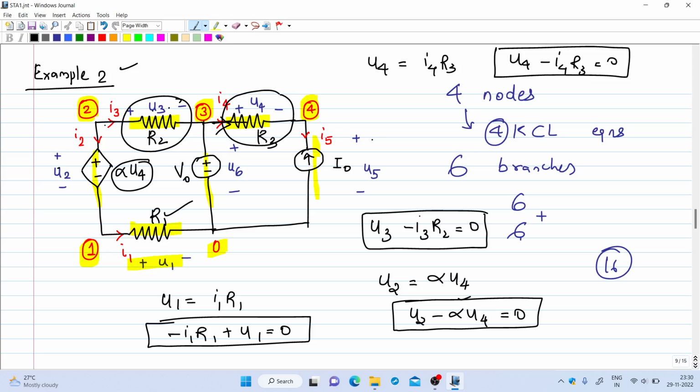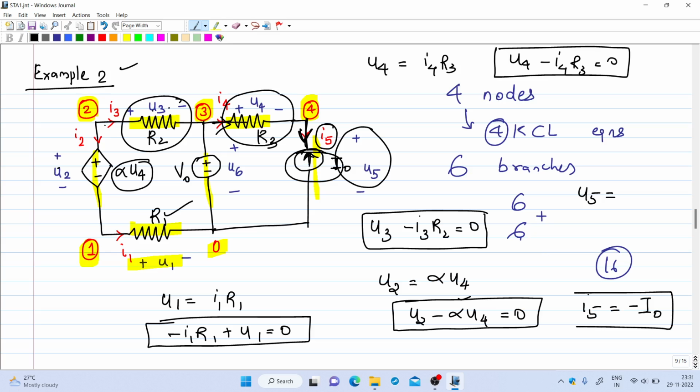Then coming to the fifth branch, U5 is actually not defined because it is a current source. So you can write another expression. What is I5? I5 will be equal to I0 with a negative sign because I5 is flowing downwards, I0 is marked upwards. So I5 equal to minus I0 will be the branch constitutive relation for the fifth branch.